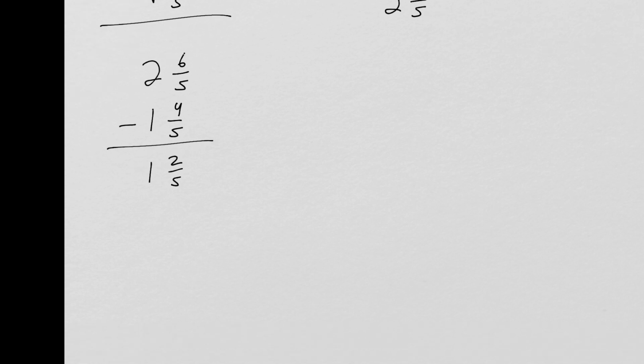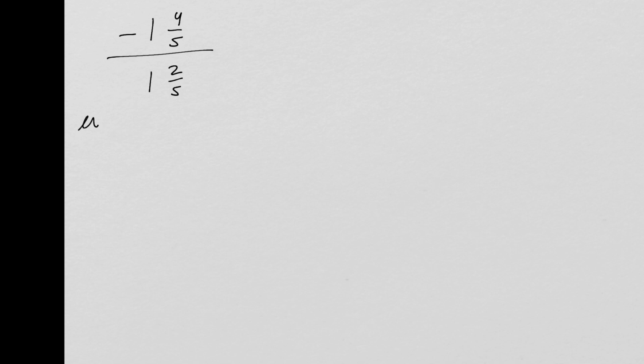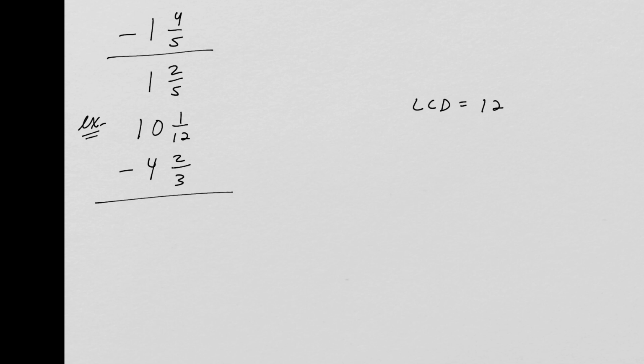Okay, so that's how that works. Here's another example. Let's say I have 10 1/12 minus 4 2/3. Okay, I want to subtract those two mixed numbers. So here I do have to find the lowest common denominator. I have to rewrite those two fractions first, right? Well, it turns out the LCD in this case is going to be 12, right? 12 is the smallest number that 12 and 3 go into evenly.